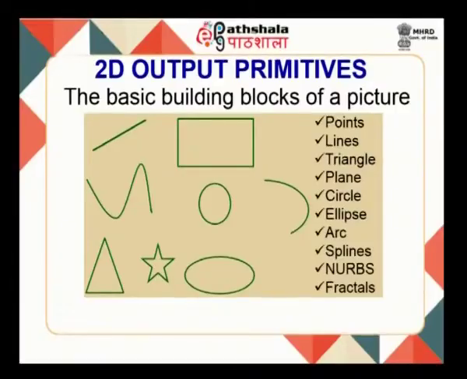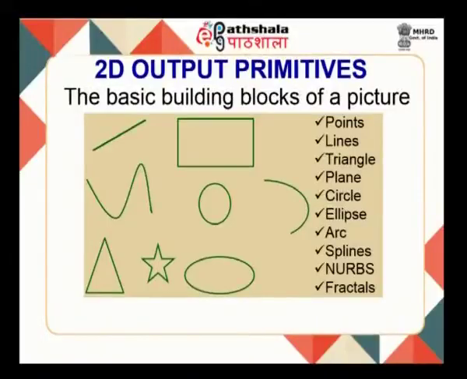We call them the 2D output primitives, because we are dealing now with 2D graphics. In future sessions, we will be talking about 3D graphics as well, and there also we will be discussing some of the 3D primitives. Basically a primitive is a component of a picture. A picture can be considered to be made up of a combination of many graphic primitives.